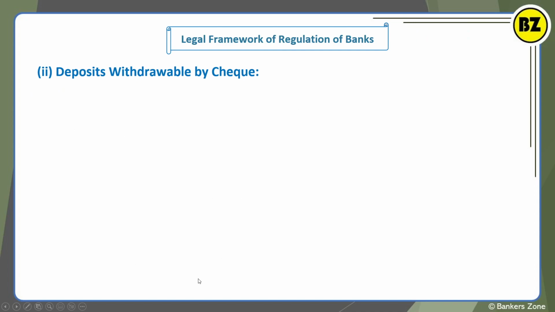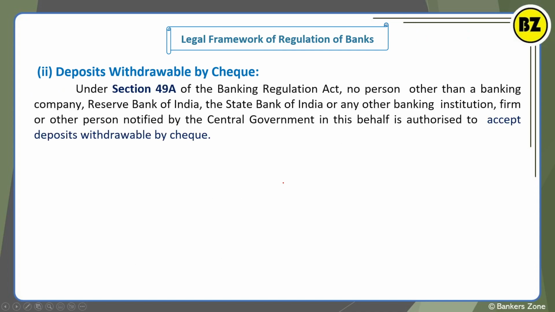Now see, deposit withdrawable by check means what? See, under section 49A of the Banking Regulation Act, no person other than a banking company, Reserve Bank of India, State Bank of India, or any other banking institution, firm, or any other person notified by the central government in this behalf is authorized to accept deposits withdrawable by check. Means what? See, you have to understand the basic thing here.